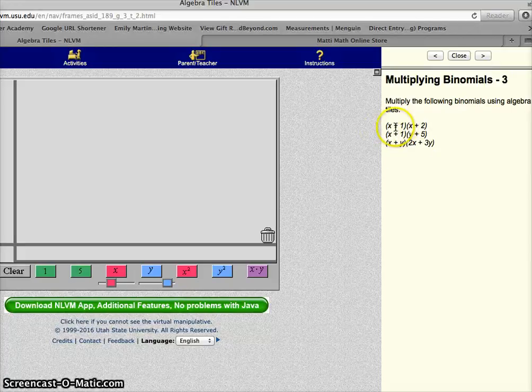So let's first model the first one, x plus 1 times x plus 2. I'm going to put x plus 1 into the vertical. When you move it over there, it turns for you. So there's the x, and now I need the 1, so I'm going to click that and pull it over here. That's x plus 1.